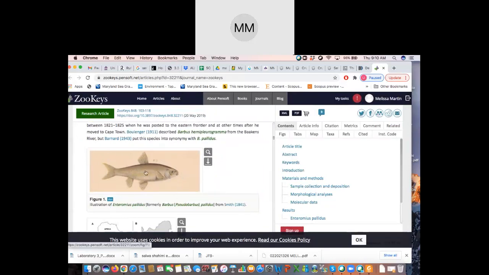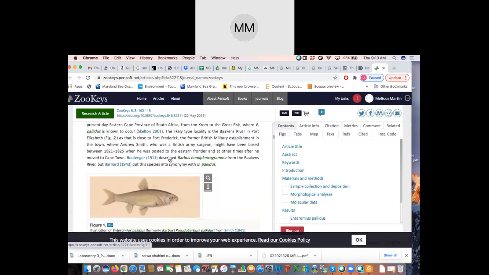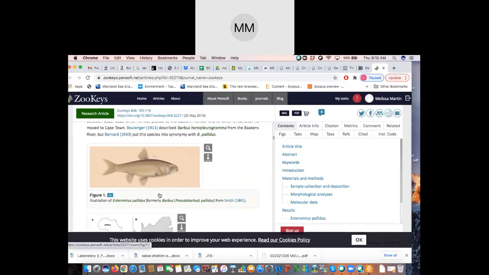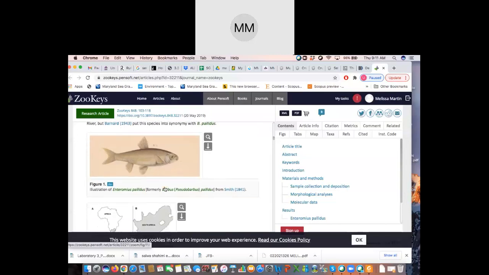But the problem with this is that a lot of the description, if you want to compare it to modern times, is not easily recognizable, because there are so many other species that are complex, in the sense that they look very similar to this. So if it's just this kind of simple photography, it's not going to be very helpful.